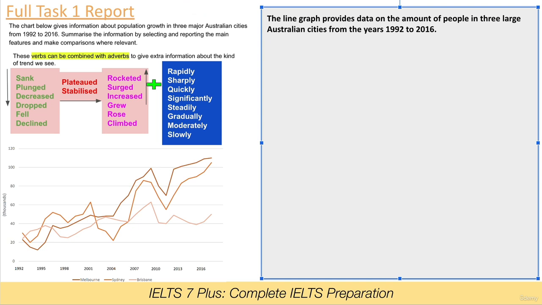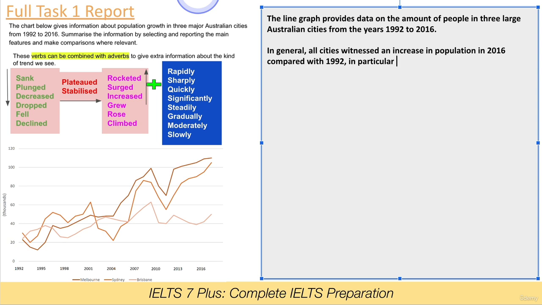Okay then, so now let's go into our overview, our sweeping statement. In general, that's quite a nice way to open it up. All cities witnessed an increase in population in 2016 compared with 1992.